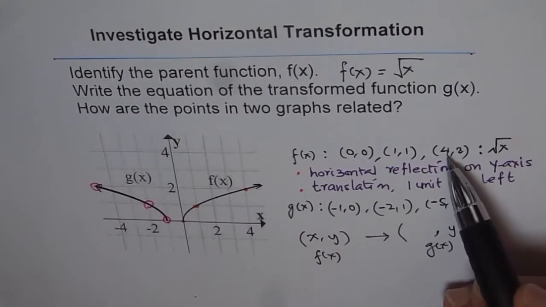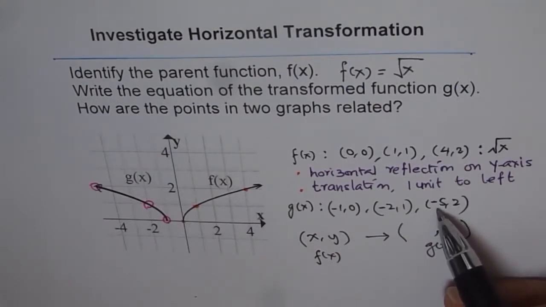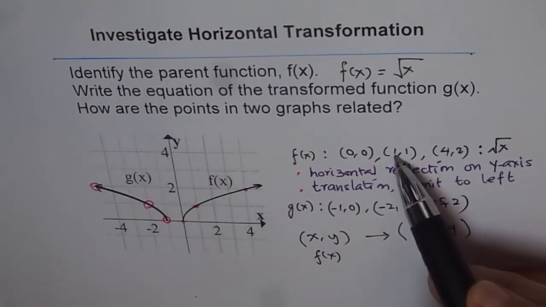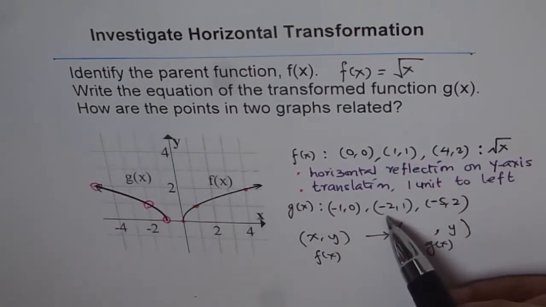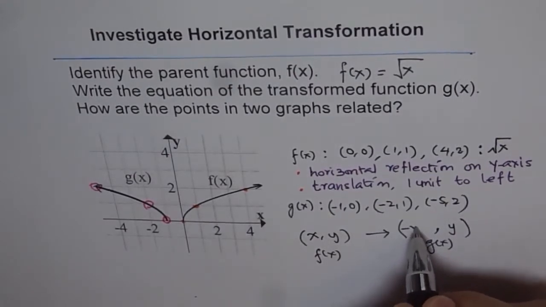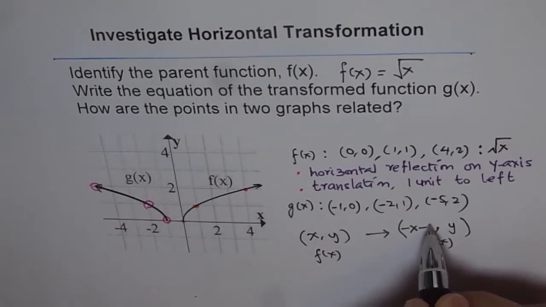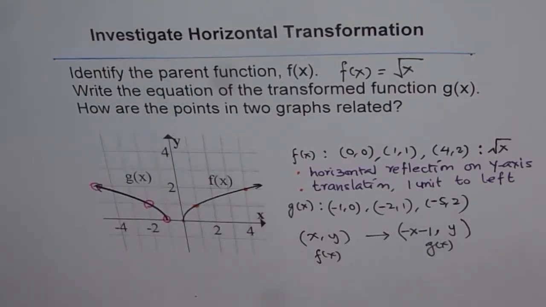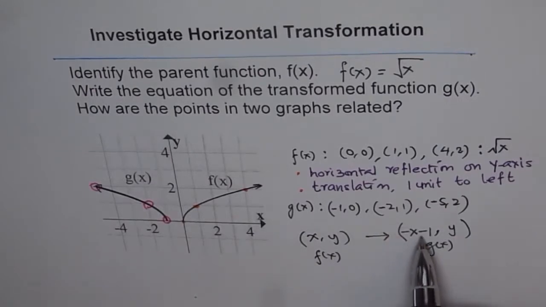What has happened to the x points? They are kind of minus and further minus 1. It is like when you multiply by minus 1, you get minus 1, but it is minus 2. So the x points, you get minus times the x, and then again you do minus 1. That is what is happening to the x points. That is the transformation as far as the points are concerned.